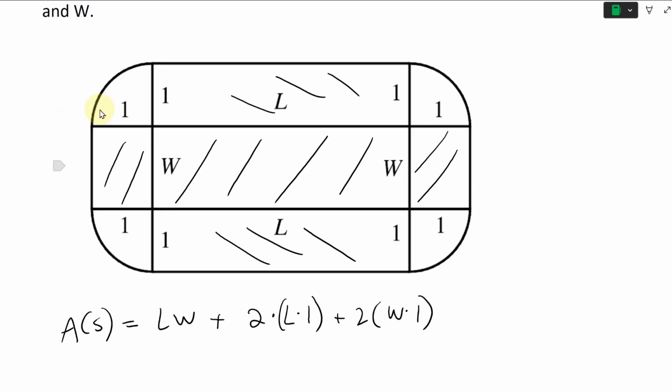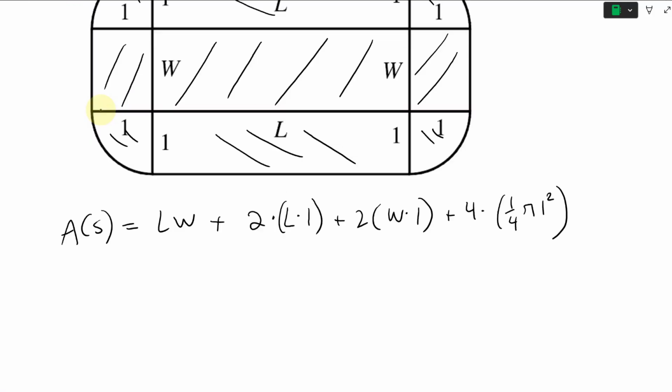And then the next one is this right here. I'll just write this a bit better. This, this, and this. And so that's a quarter circle. So this is going to be plus 4 times a quarter circle. So a quarter circle is 1/4, and then the area of a circle is pi r squared, so pi times 1 squared, like that. And I'll just draw this better. This right here is just going to be 1/4 of a circle.